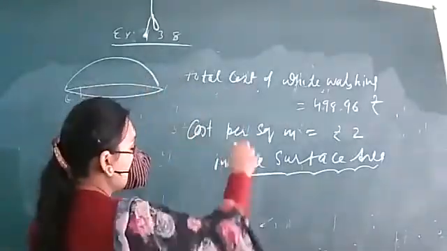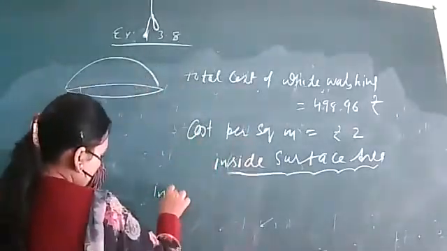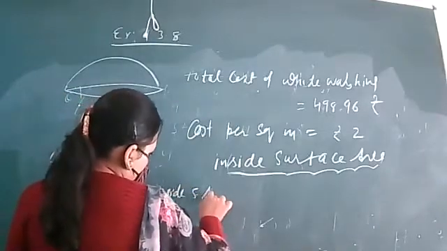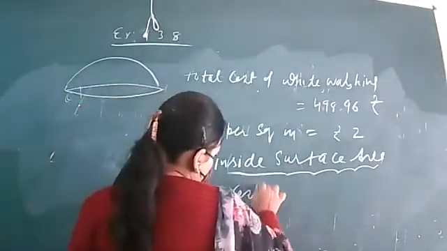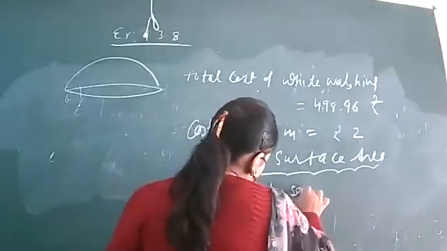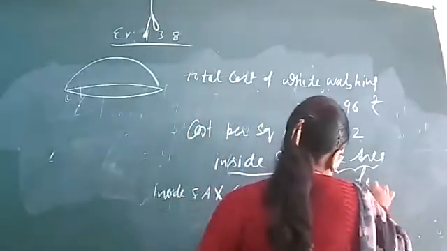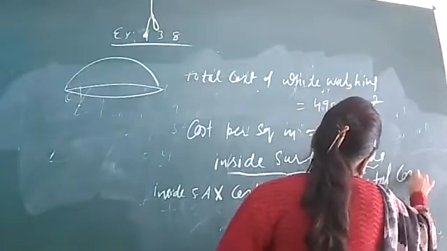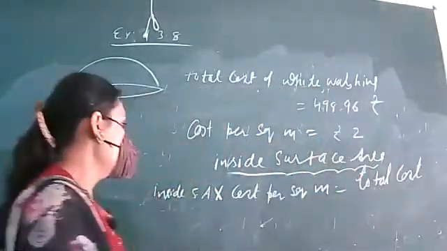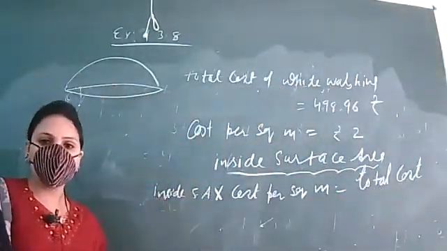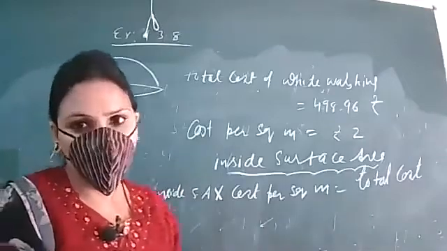So what is the relation between these three? Inside surface area into cost per square meter is equal to total cost.